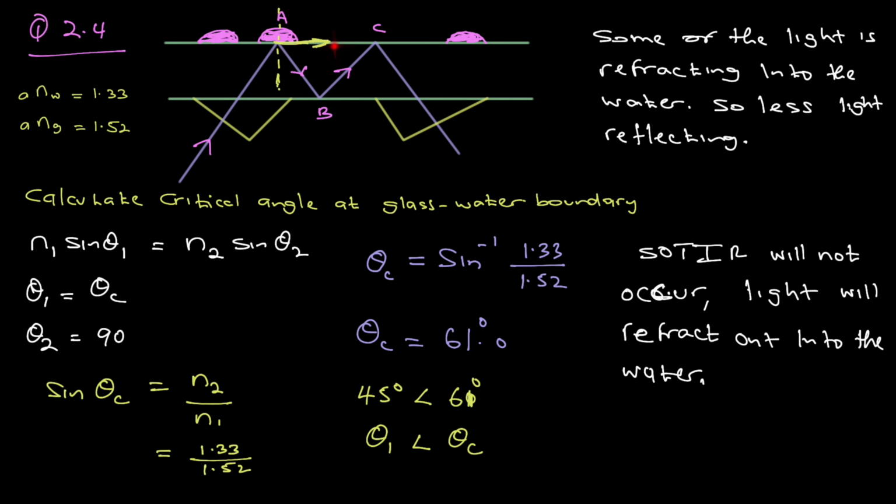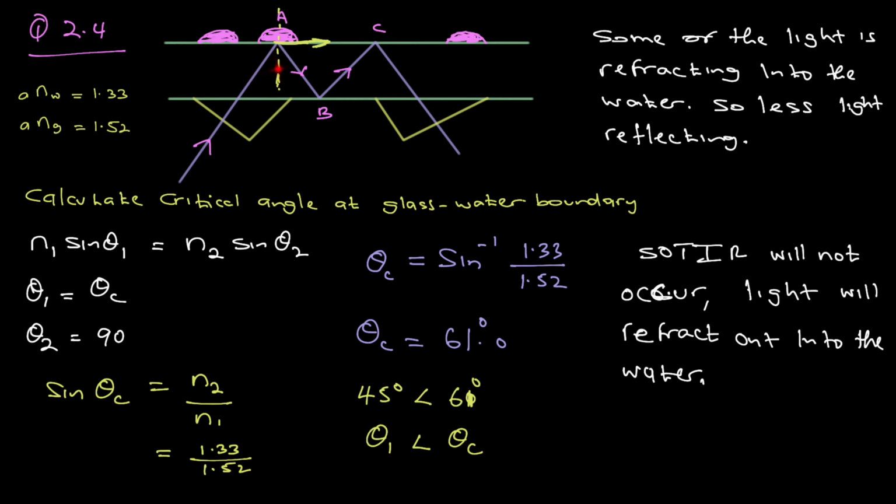If it was 61, it would form the critical angle, and if it's bigger than 61, it will form total internal reflection. We need it to be 61 to go parallel to the surface, and bigger than 61 to go completely back into the glass so you get total internal reflection.